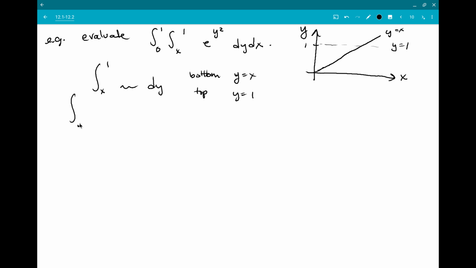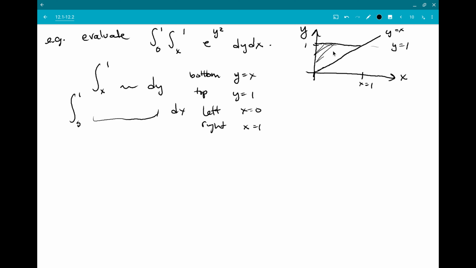And then the outside part, 0 to 1 dx, tells me that the leftmost value is x equals 0. Bottom always tells me left. And the rightmost value is x equals 1. So I go from here at x equals 0 to here at x equals 1.